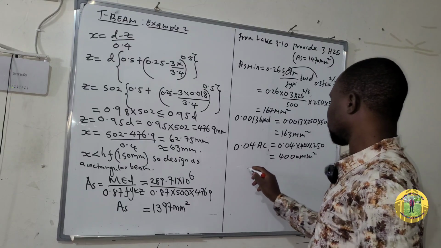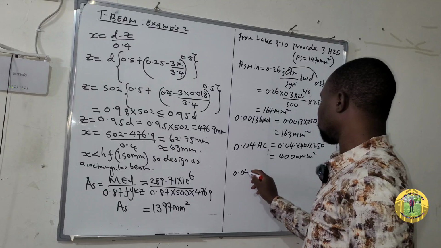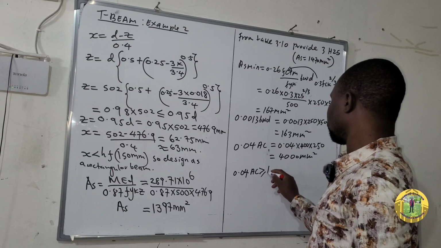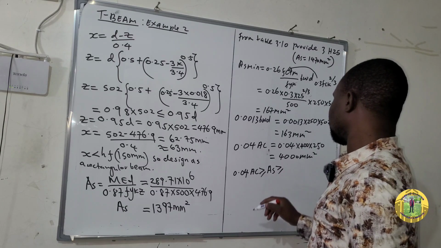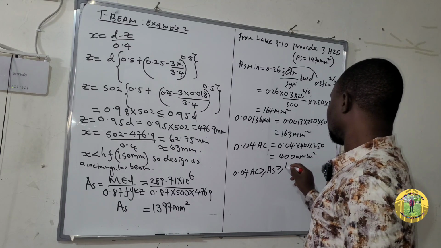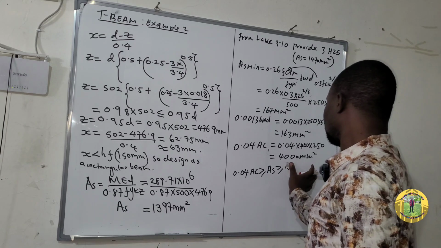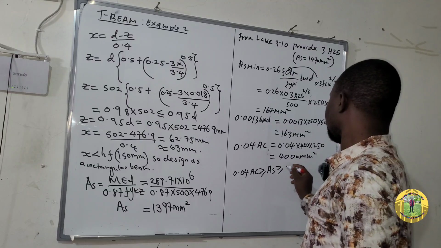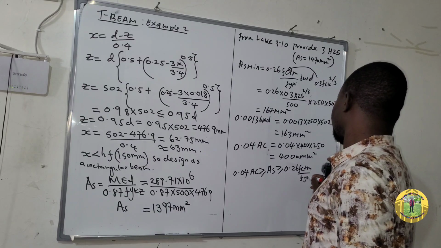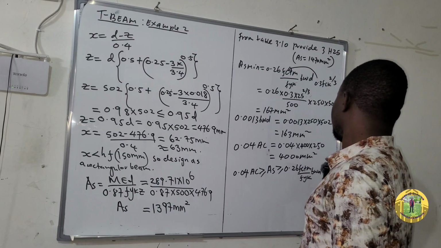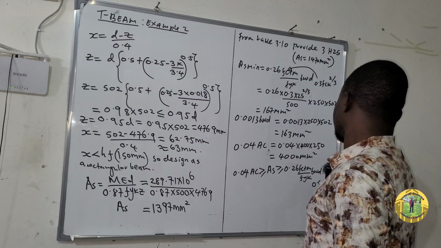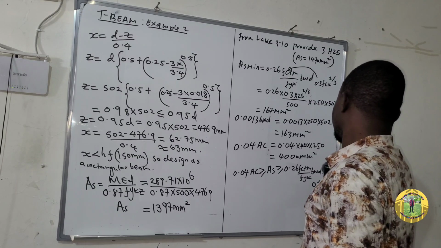It therefore means 0.04 AC must be greater than or equal to area of steel, and this must be greater than or equal to AS min, or 0.26 FCTM over FYK BWD, which must be greater than or equal to 0.0013 BWD.